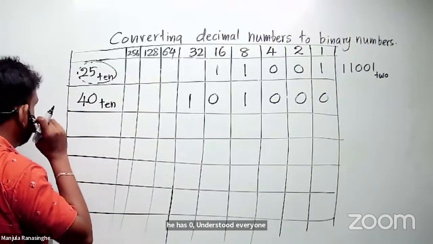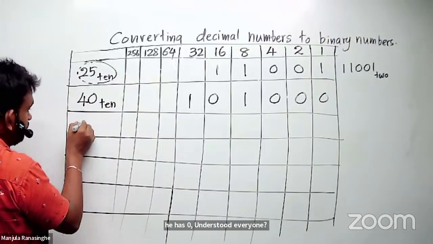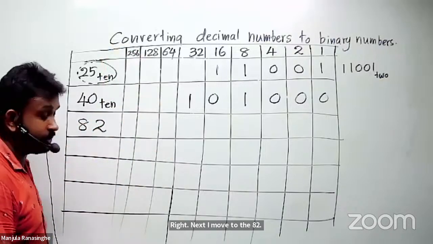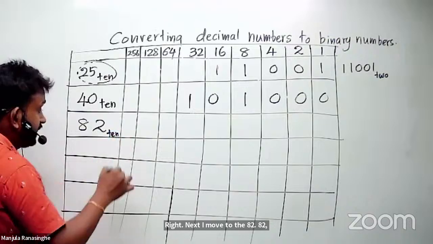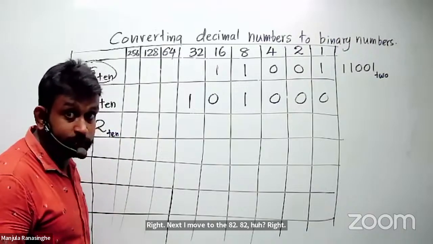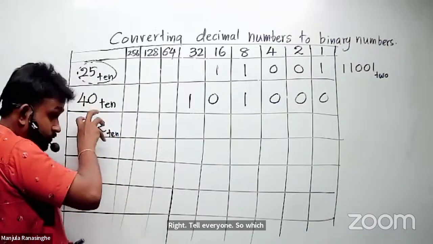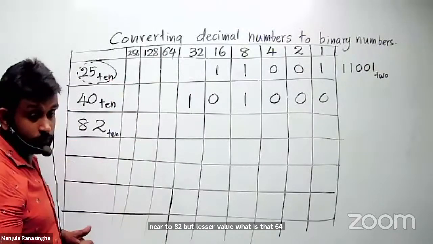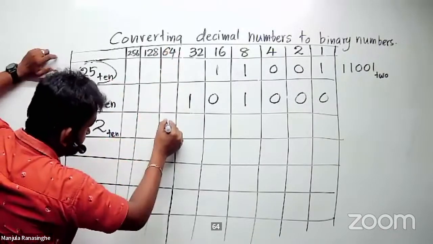Right, next I move to 82, base 10. Which place value do we refer to? Near to 82 but lesser value, that is 64. We cannot go to 128 because it's more than 82. So we put 1 for 64.